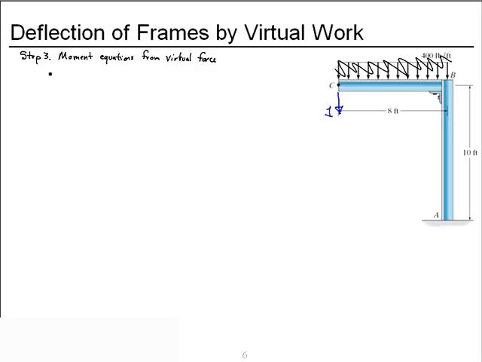So as a reminder, to find displacement of C, we need a virtual force. And as we generate our equations, we have to use exactly the same coordinate system that we used to find the moment equations from the real load.